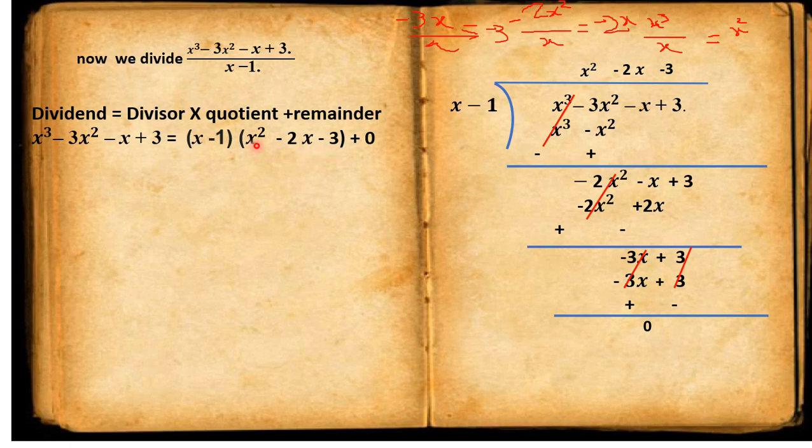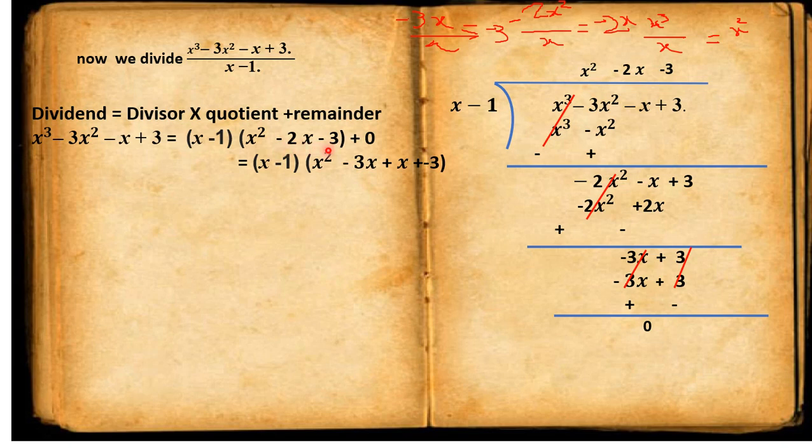As we observe, x square minus 2x minus 3 is a quadratic polynomial, and we can factorize it very easily by using the split of the middle term. So by using split of the middle term, we have to divide this minus 2 into two parts such that the sum of the two parts is minus 2 and the product of the two parts is minus 3.